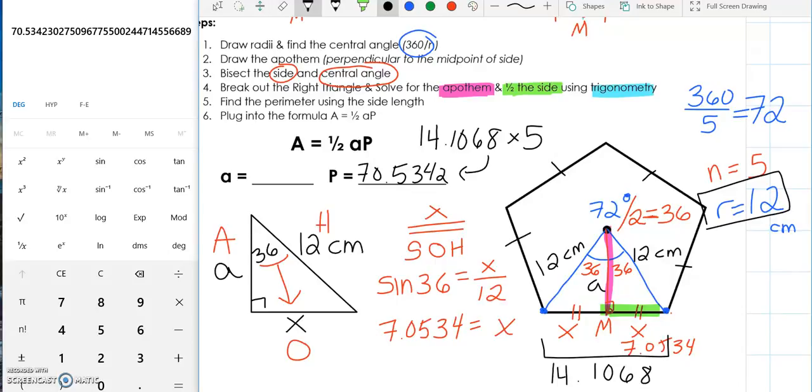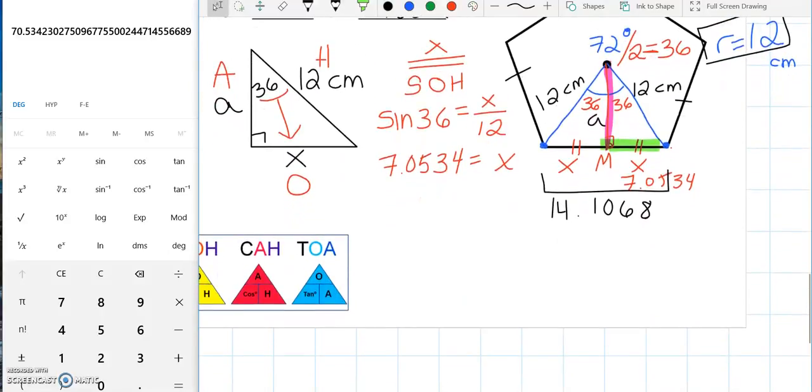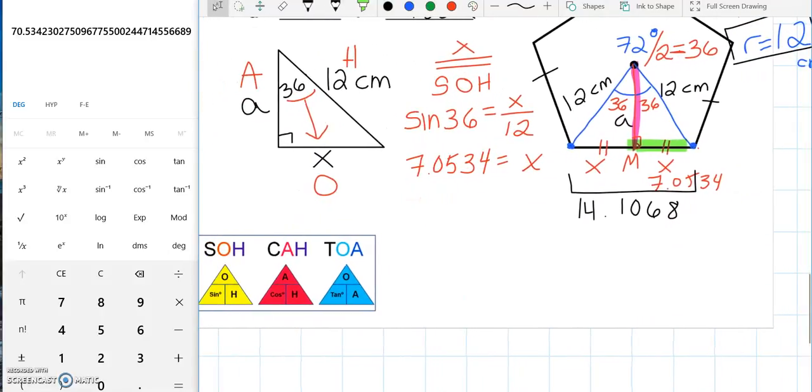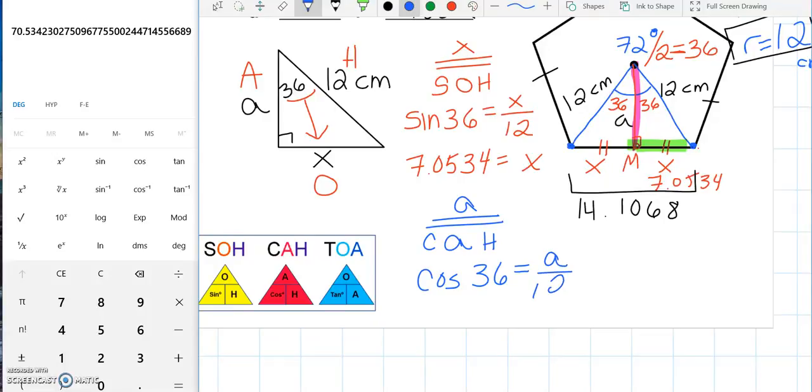All right. Now the next thing that I need to do, I need to solve for the apothem. So let me just give myself a little bit more room. And this is reminding you of your SOHCAHTOA stuff. I'm going to go ahead and solve for the apothem. So the apothem is my adjacent, and I have the hypotenuse, so I'm going to use cosine. Cosine of 36 equals the adjacent A over your hypotenuse of 12.